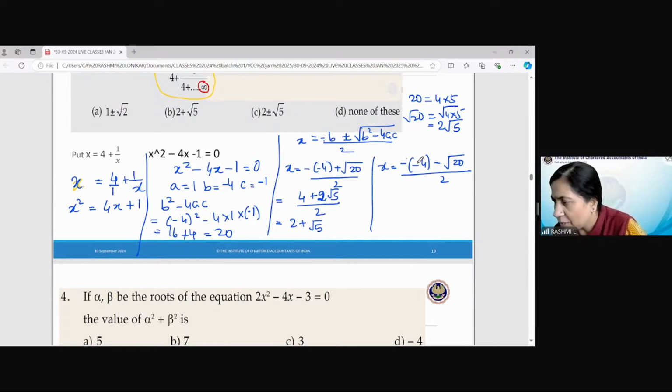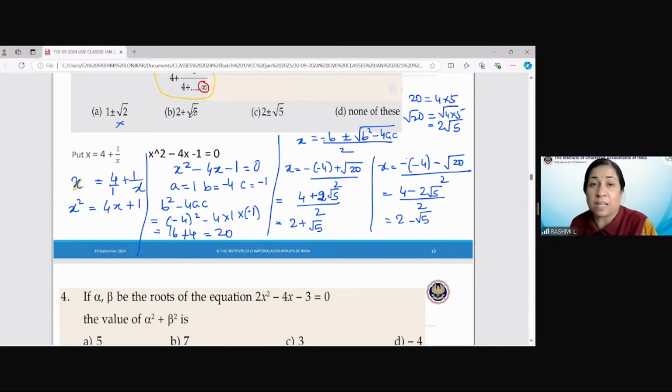Here minus into minus is plus, so this becomes 4 minus 2 root 5 upon 2. I take the 2 out, so it is 2 minus root 5. So 2 plus root 5 and 2 minus root 5. This is not going to happen; here we can make a mistake in haste, but the answer has 2 roots. The quadratic has 2 roots, so this is 2 plus or minus root 5.